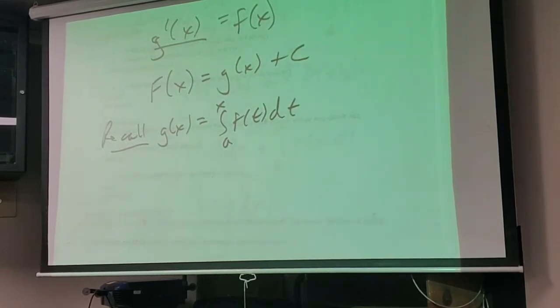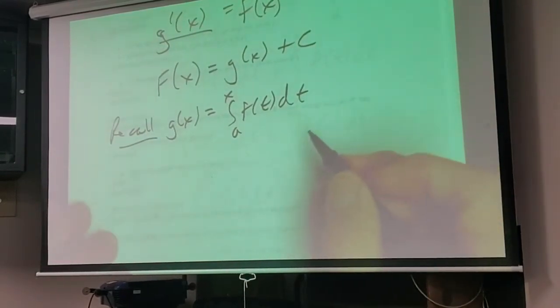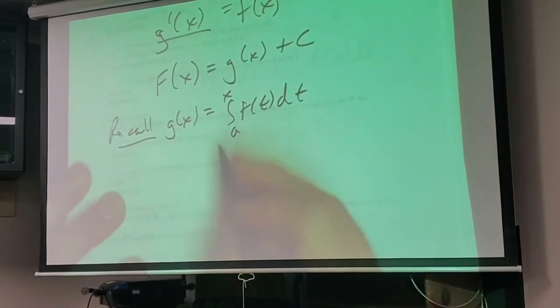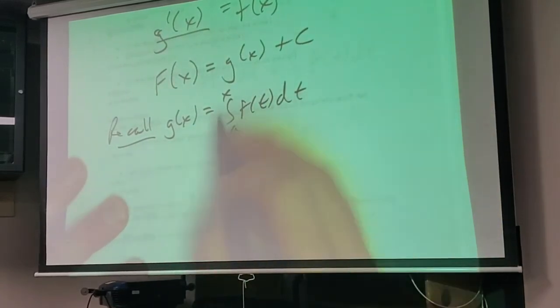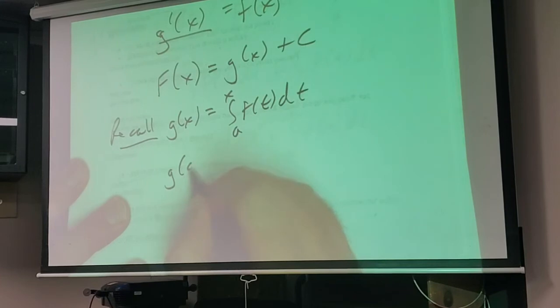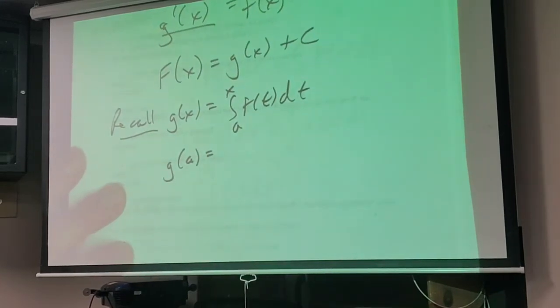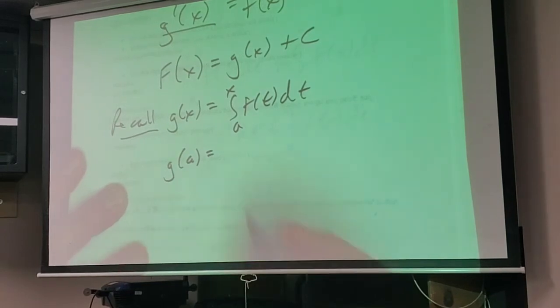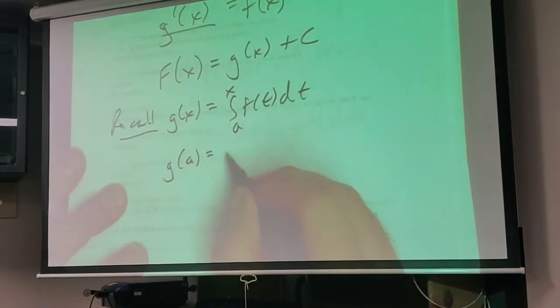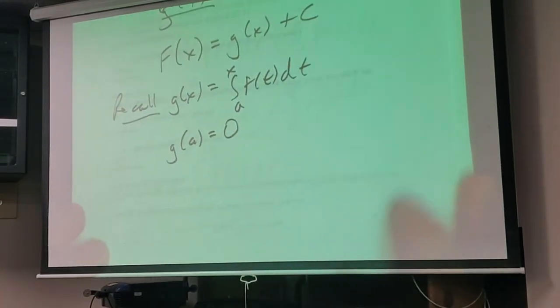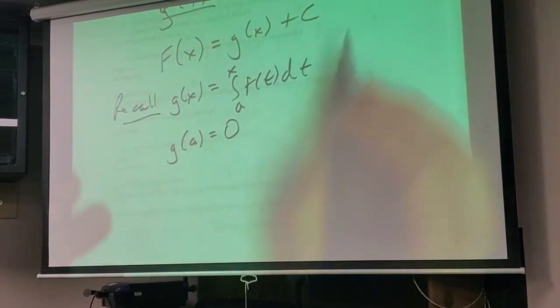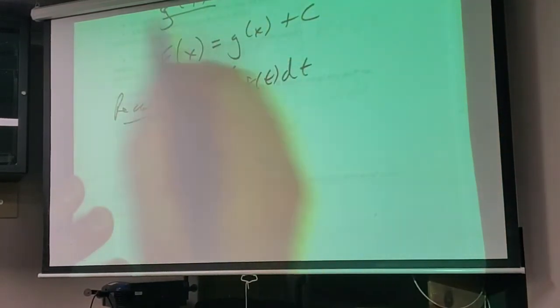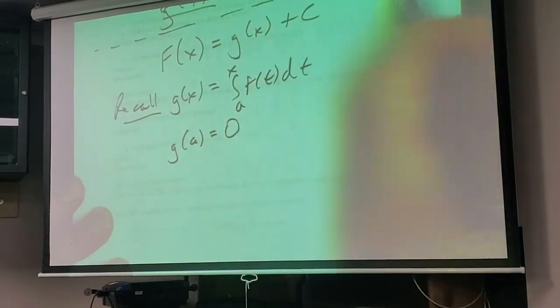So tell me, what is g of a? Zero. I like it, because then it would be a to a, no area. I love it. Now, let me see, where should I put the line? Let's put the line here.